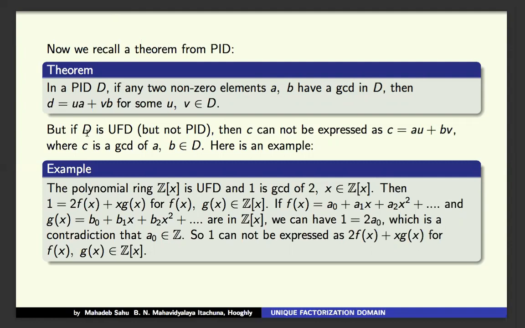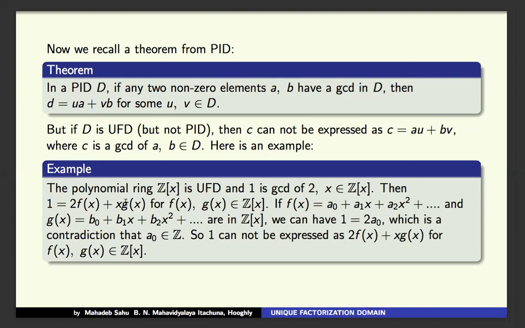But if D is a UFD but not a PID, then we cannot express c as au plus bv, where c is the GCD of a and b. So in a PID it holds, but in a UFD it cannot.